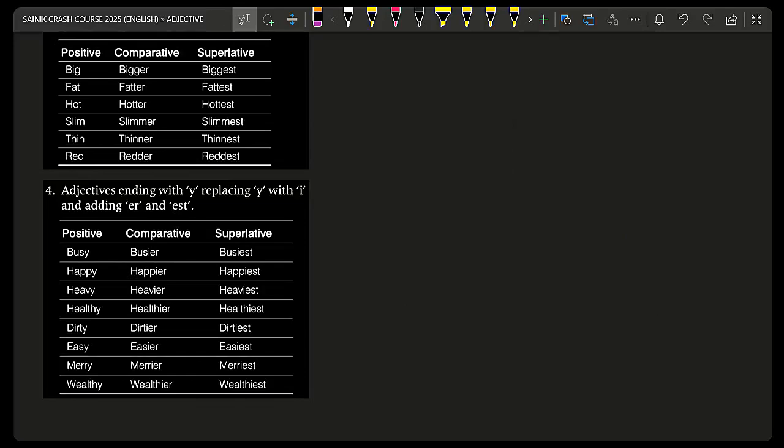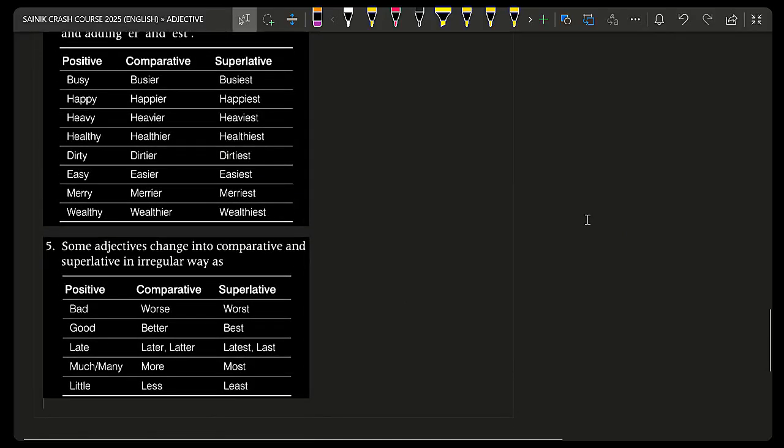Some adjectives change into comparative and superlative in an irregular way. So what are those irregular ways? Some examples you must remember. Most people try to add er and est to all the words, but it won't work every time. Bad, you cannot write badder or baddest. Bad, worse, worst. Good, you cannot write gooder or goodest.